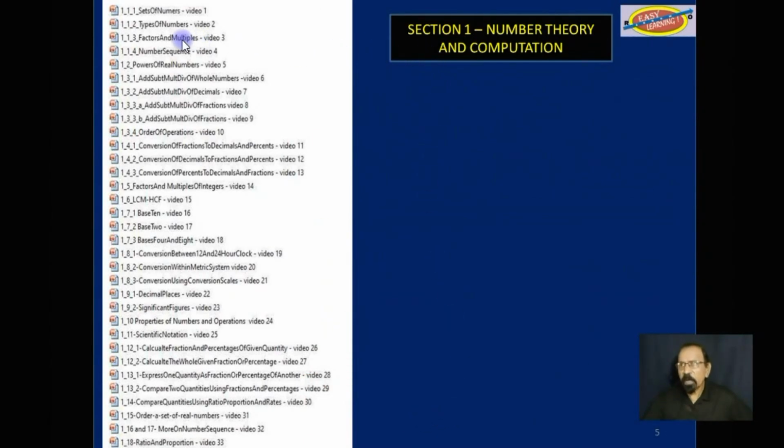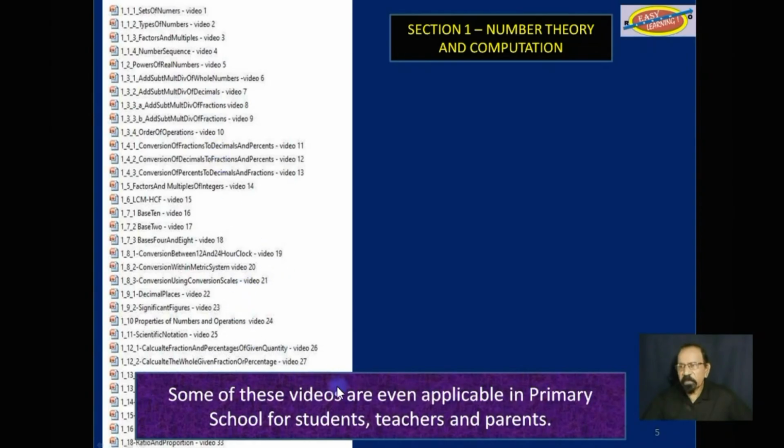Revisiting section 1, some of these videos are even applicable in the primary schools, where students can use them individually, both before and after class, where teachers can use them in the inverted classroom to make life easier for the teachers themselves and to enhance learning in the students.